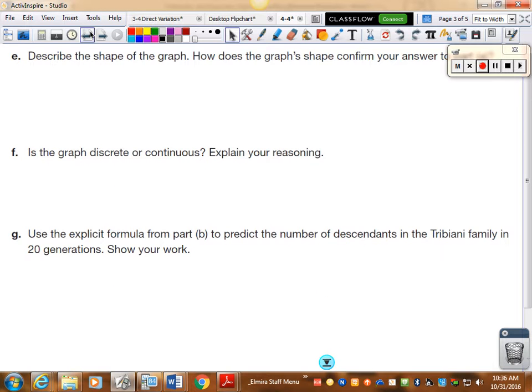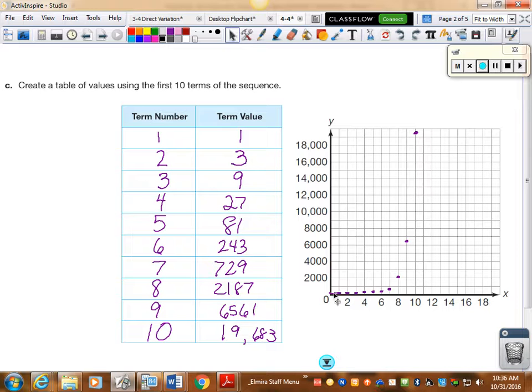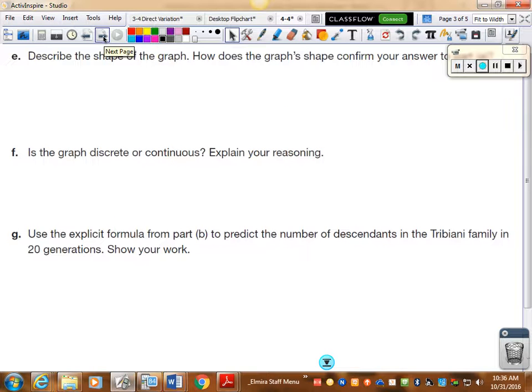Describe the shape of the graph. Okay. Well, the shape of the graph, if I connected the dots, would be a curve. Okay. And it is a curve. So it is exponential.